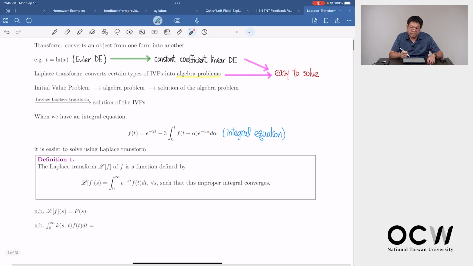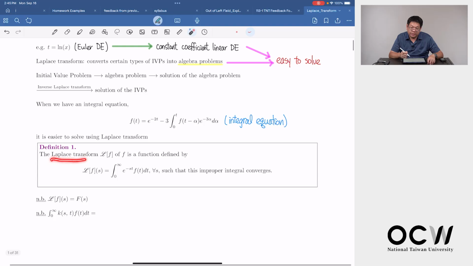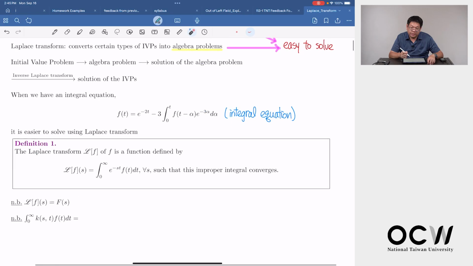Okay, so now let's see our Laplace transform. Here's the definition. What is the Laplace transform and what does it look like? We say the Laplace transform of the function f is here. We do the integration from 0 to infinity. We multiply e to the minus st with this function and do the integration.